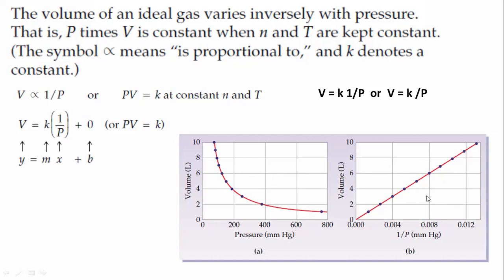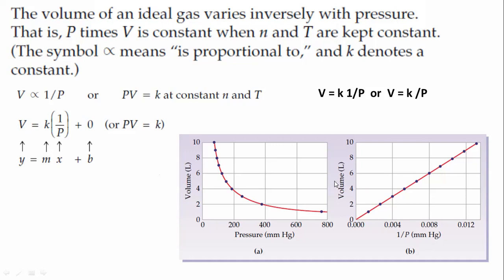The first reason is to look at the x-axis. Here it is the pressure, and here it is 1 over P. Here we are following the straight line equation, because V equals k times 1 over P. Your x is 1 over P, and your volume is on the y-axis.